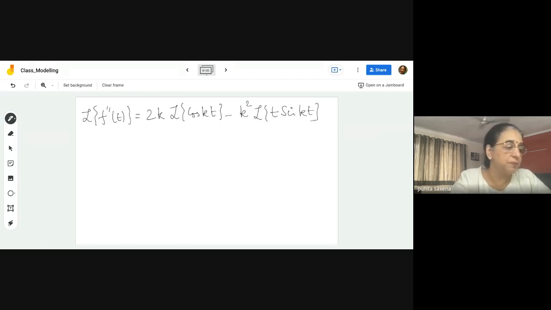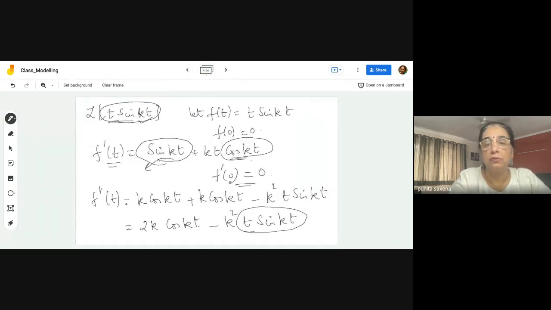But what is the Laplace of second derivatives? It is s square Laplace of ft, isn't it? Minus s f at 0 minus f dash at 0, but both of them are 0. F dash at 0 is also 0 and f at 0 is also 0. So we won't get any more terms, right?